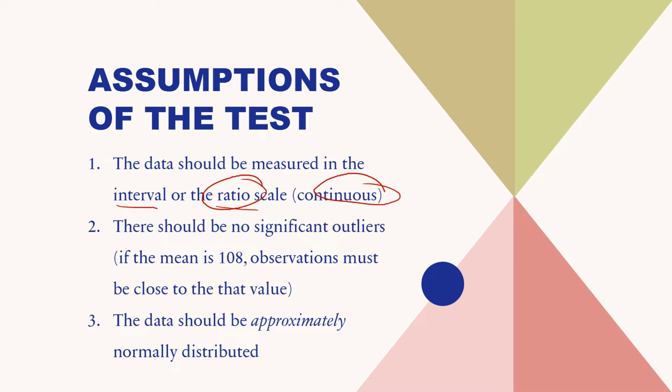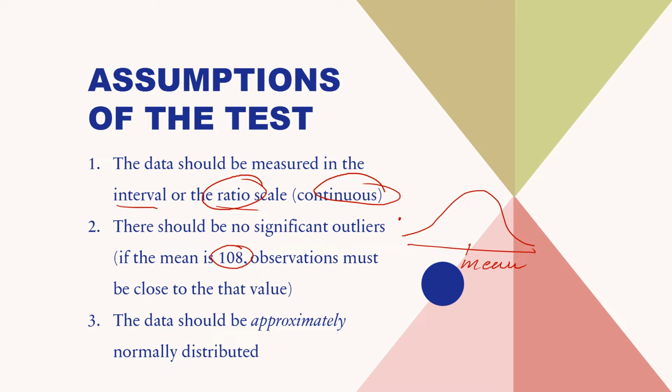Number two, there should be no significant outliers. So if the mean is, for example, 108, observations must be close to that value. So that means that at least in the normal distribution curve, there are no significant outliers or you have no data that are very far away from our mean. So that would be the meaning of number two.